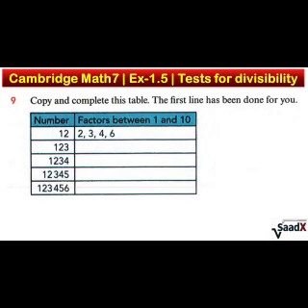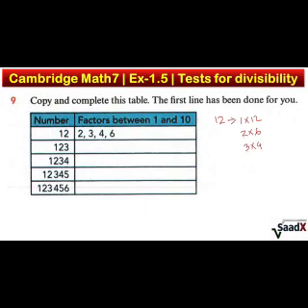Look, here is 12, here is 123, and 1, 2, 3, 4, lots of things. Factors between 1 and 10. Look, with 12, we can make 1 times 12. It means we can divide 12 by 1 and 12. Then 2 times 6 also. We can divide 12 by 2 and 6. And finally 3 times 4.